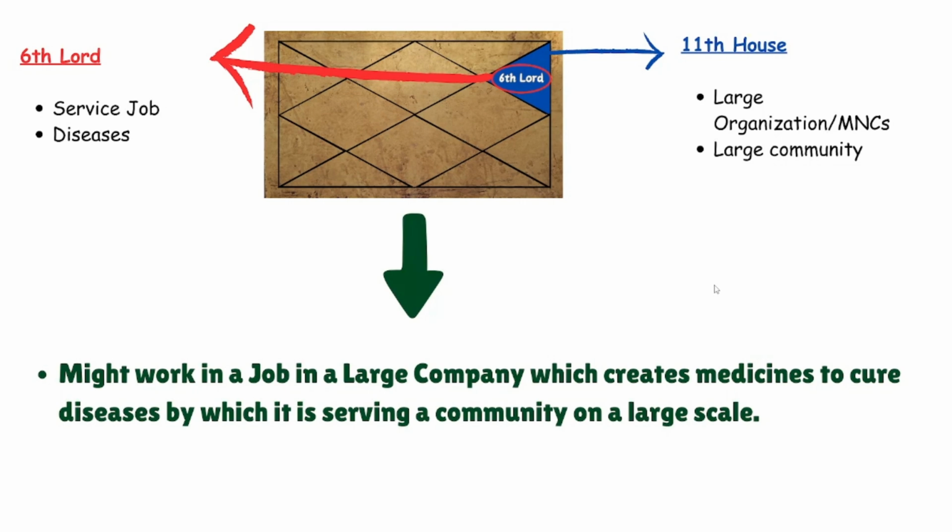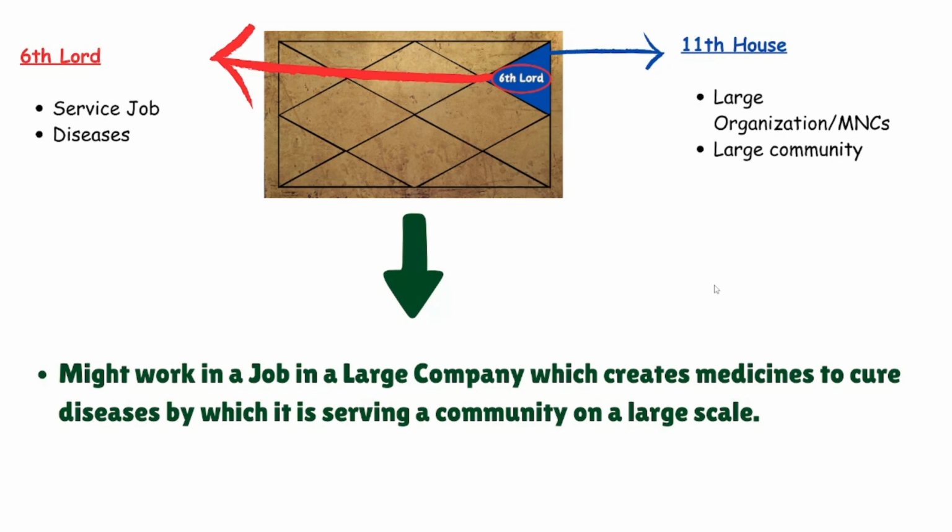Sixth Lord shows service jobs, it shows diseases, and 11th house is the house of large organizations, MNCs, large community. So you might work in a job in a large company which creates medicines to cure diseases, by which you are serving a community on a large scale. So there are multiple forms of jobs which come from this placement.